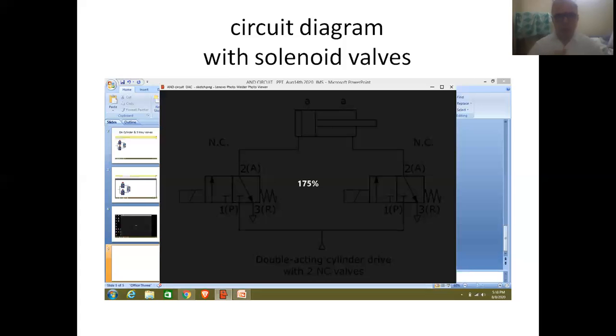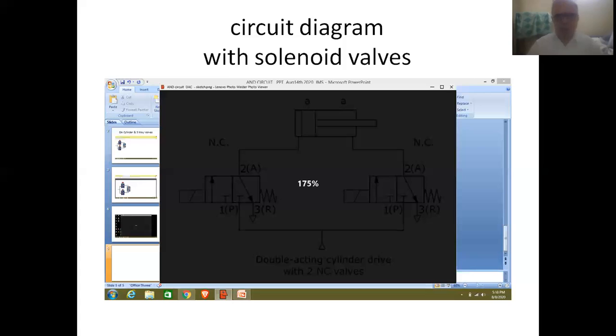That is used for performing the forward stroke of the piston. And secondly, if fluid is entering from the right hand side of the piston, it will be leaving from the left hand side of the piston. Ultimately this is used for performing the return stroke of the piston.